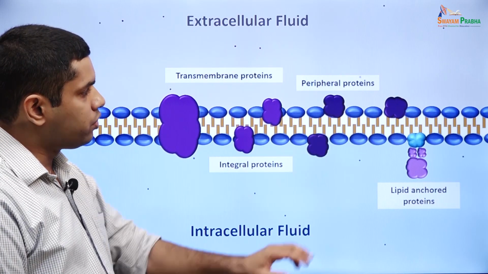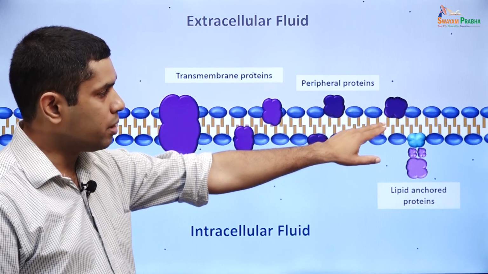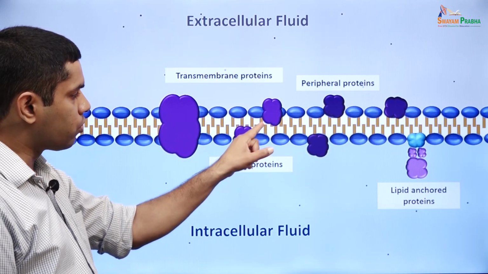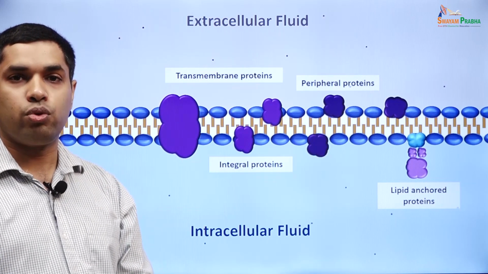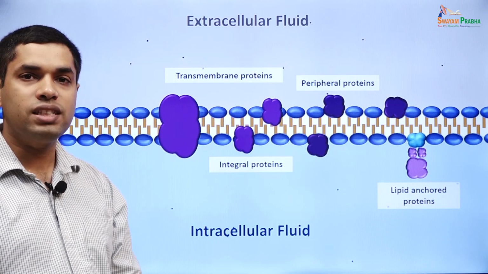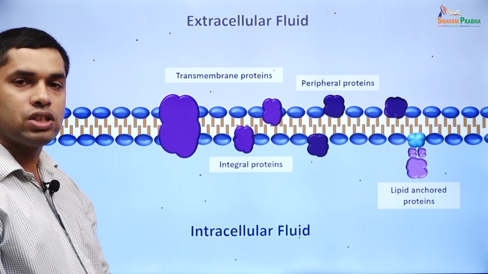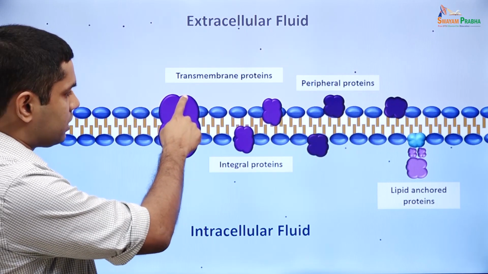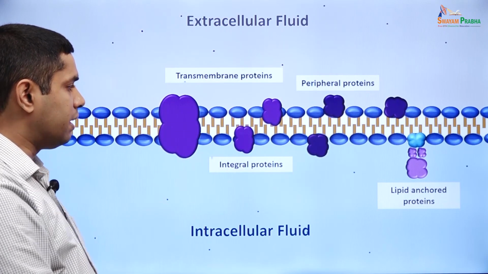We know that peripheral proteins do not extend into the hydrophobic core of the membrane, whereas integral proteins extend into the hydrophobic core of the membrane. A particular type of integral protein is something called a transmembrane protein. A transmembrane protein extends across both layers of the cell membrane. So a transmembrane protein will span the outer layer as well as the inner layer.